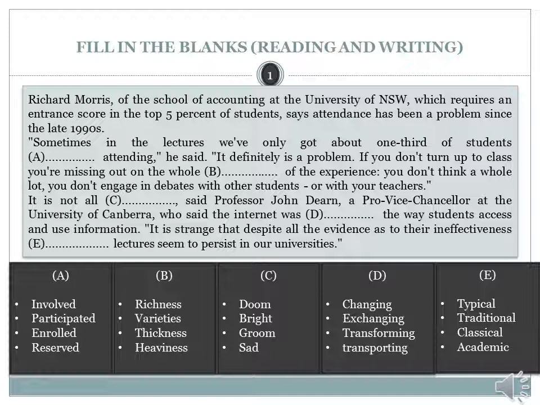Okay, then going on to blank D, right? Blank D talks about the fact that the internet, now here some of you have marked changing and some of you have marked transforming. Now if it is not all sad, and therefore means that the internet is being helpful in some way, right? And therefore the answer is transforming, which is a positive change, and not just changing, which is a neutral word, right?